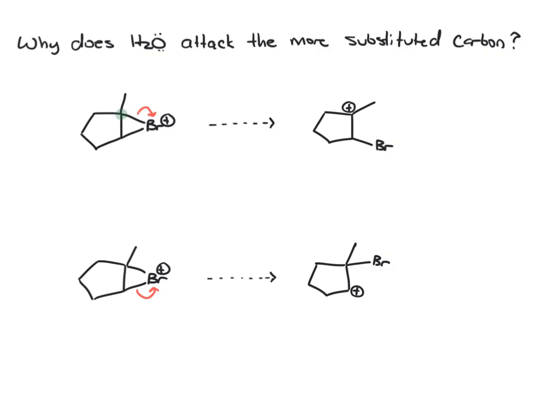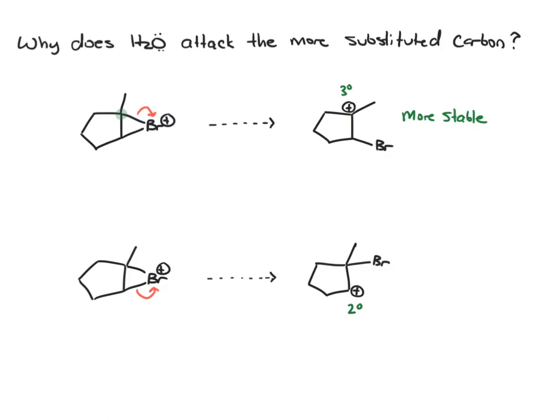Like this. Now you know about carbocation stability, and we know that this one is secondary and this one is tertiary. This one is more stable. Now this step doesn't really happen mechanistically, but what it tells us is that this particular carbon has more positive character than this carbon because it's more substituted. We know positive charge on a more substituted carbon is more stable.